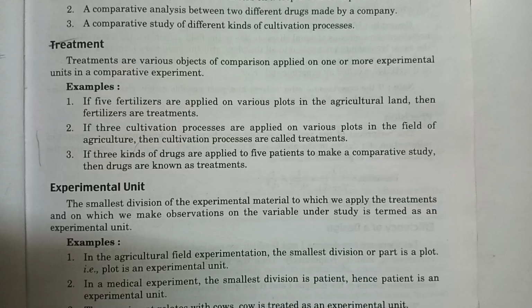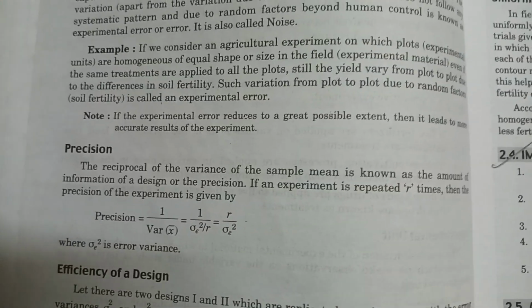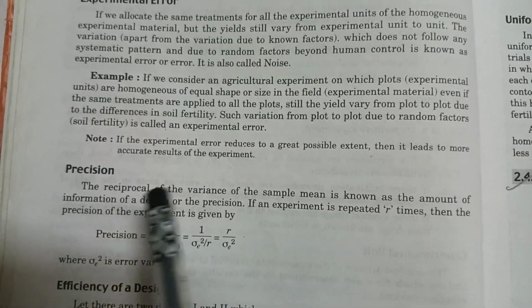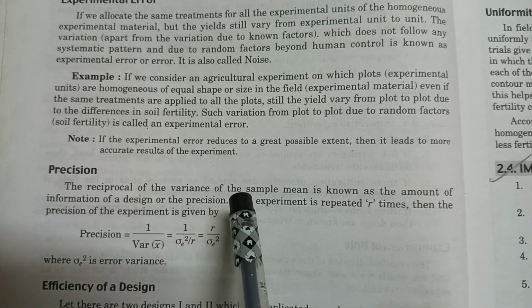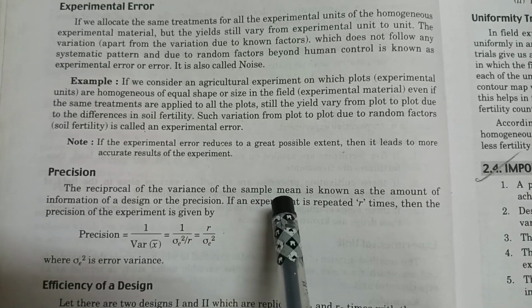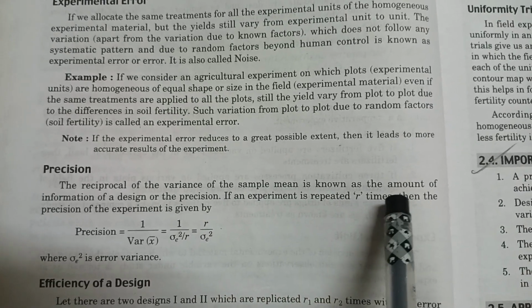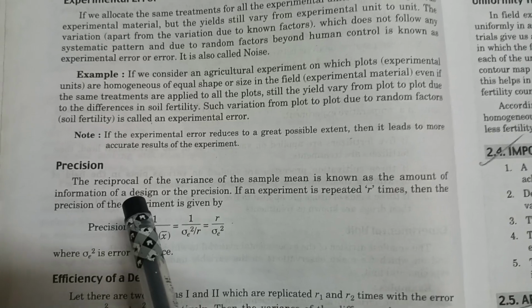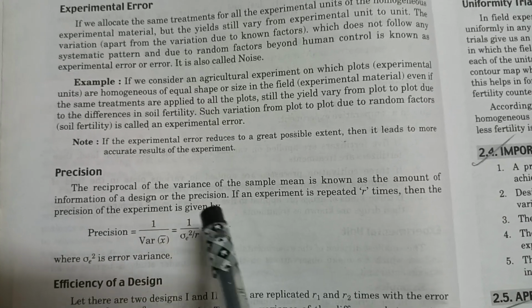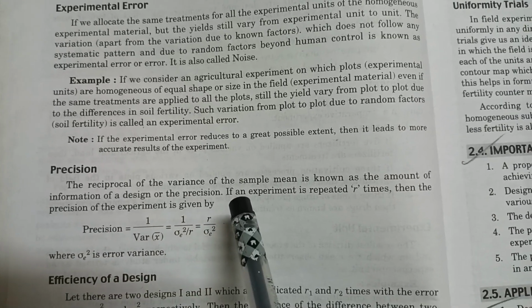Okay. Next definition, precision. The reciprocal of the variance of the sample mean is known as the amount of information of a design or the precision.